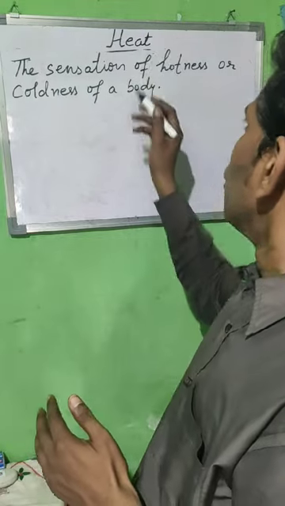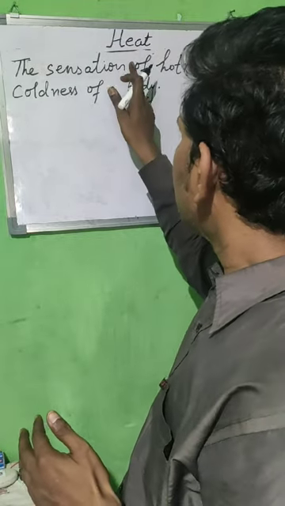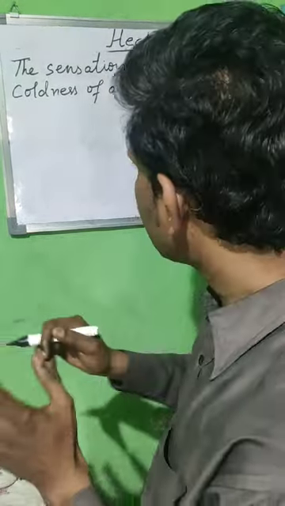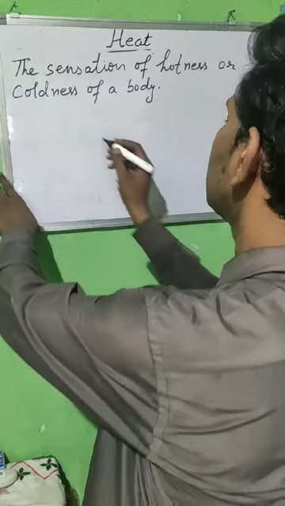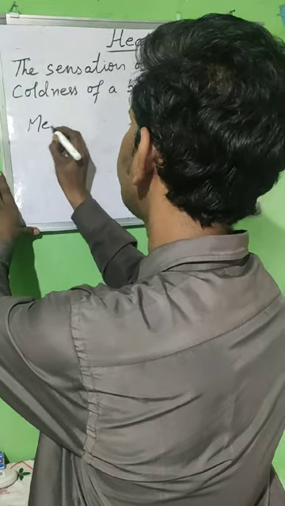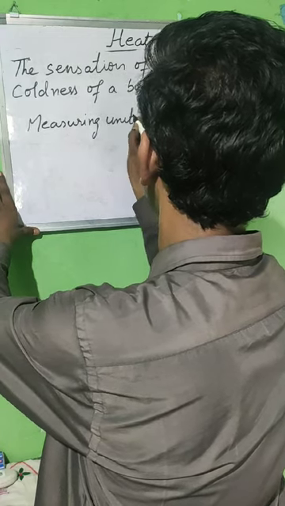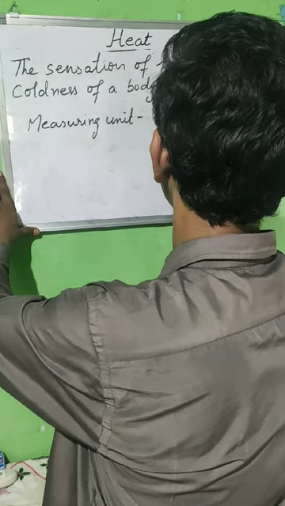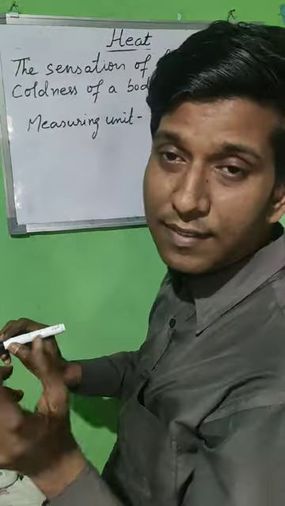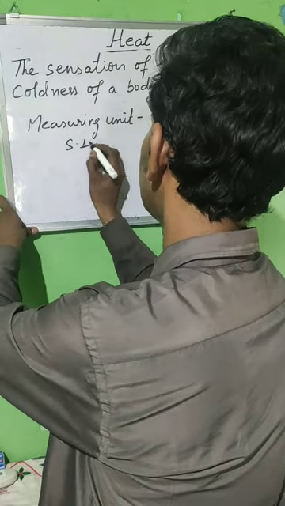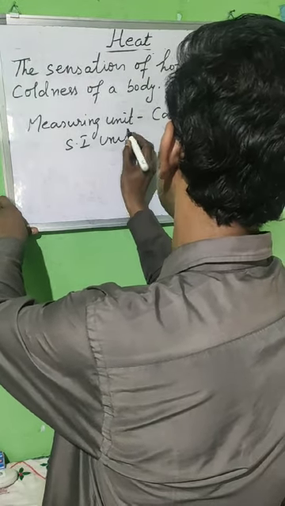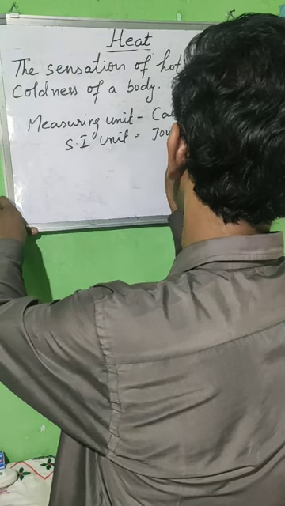Okay. So heat can be measured, and there are two units. Generally the first measuring unit we are using is the calorie, and the SI unit in which we are measuring it is the joule.